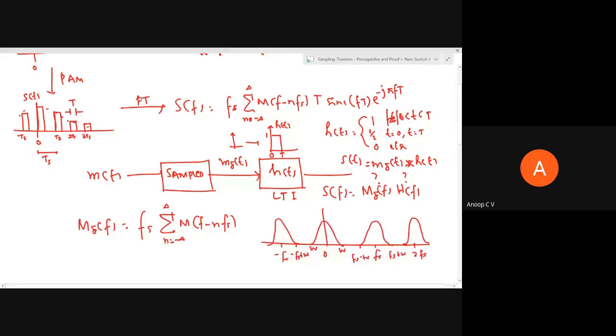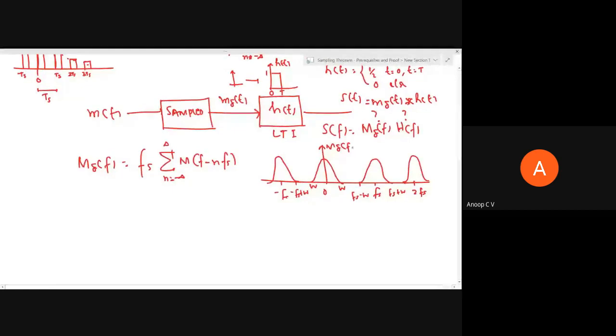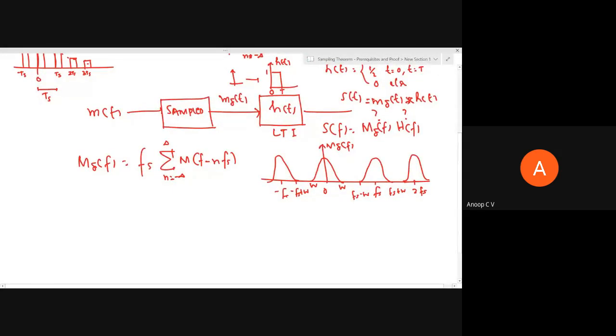If you understand these things, the remaining part is going to be very easy, so these basic ideas should be very clear. So this is our m delta of f. In fact, I showed a series of spectrums at the beginning of this video, and one of them was m delta of f.